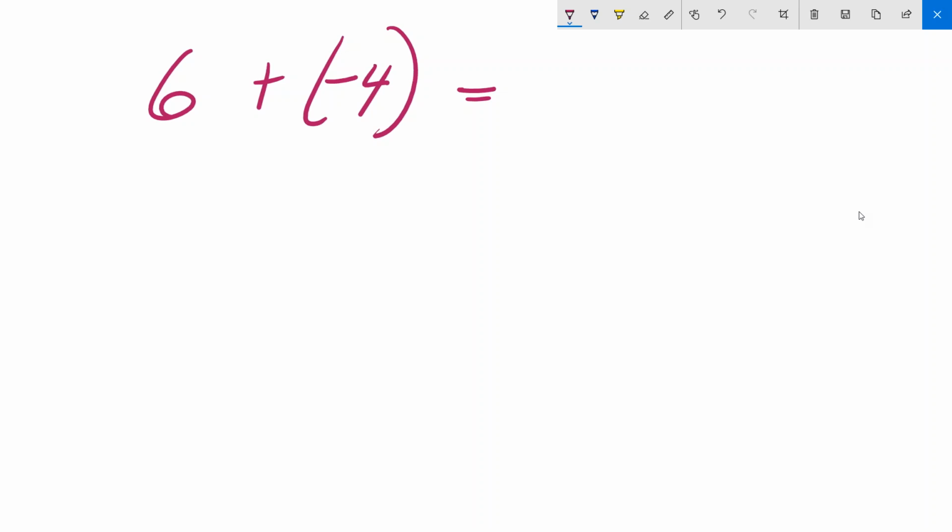No, start with the number. Just give me the number, and then we'll put a sign on it. What's 6 minus 4? 2. What sign goes on it? Plus or minus? Plus. The sign of the bigger number. 6 is bigger than 4, so we're going to put a plus on that. Okay? What else?